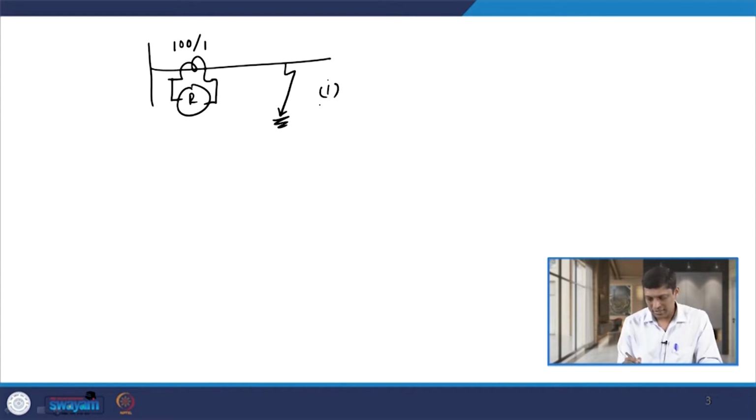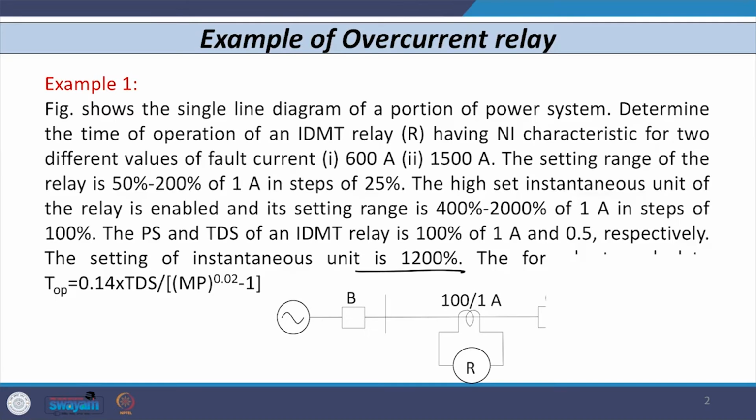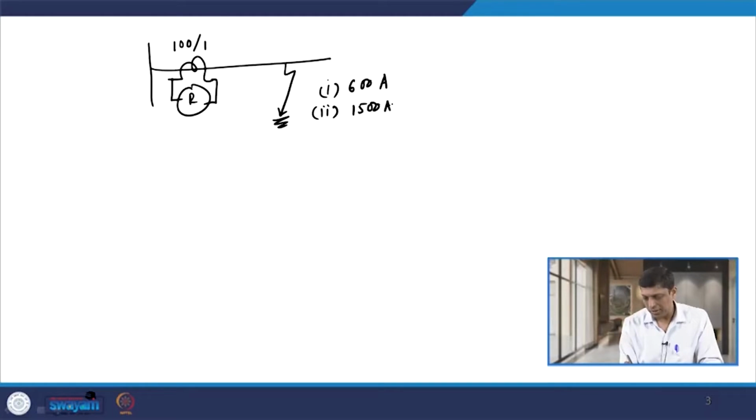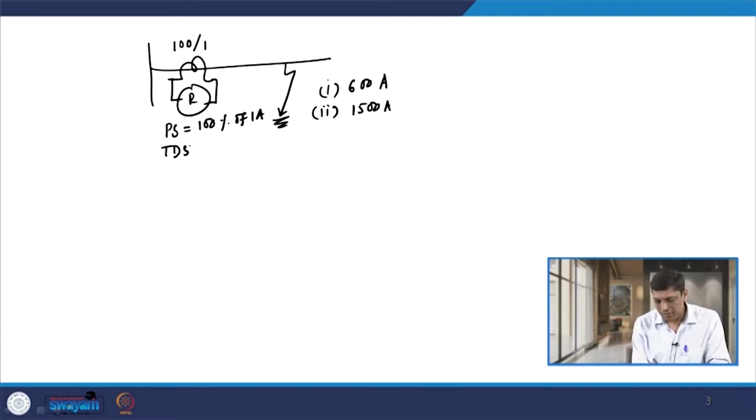In the first case, the magnitude of fault current is 600 ampere, and in the second case the magnitude of fault current is 1500 ampere. The plug setting of this relay is given as 100% of 1 ampere, the relay rated current, and its TDS value is 0.5.